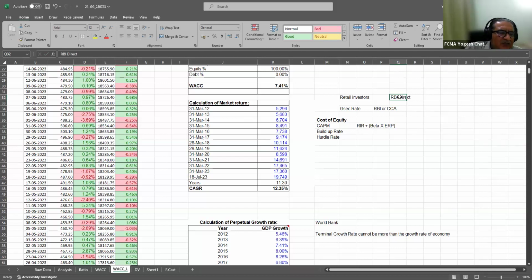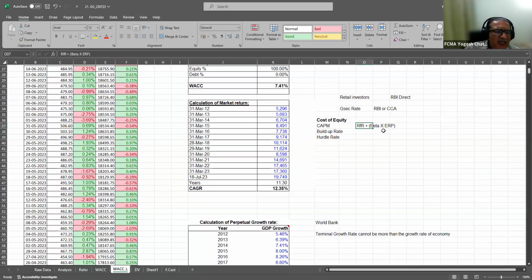So that is the safest avenue for investing our hard-earned money. The process is very simple. Sitting at your home, no need to go to the bank. Sitting at your home conveniently, you can open the account online.